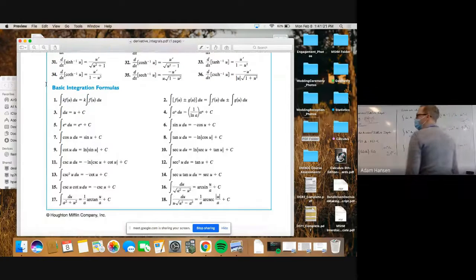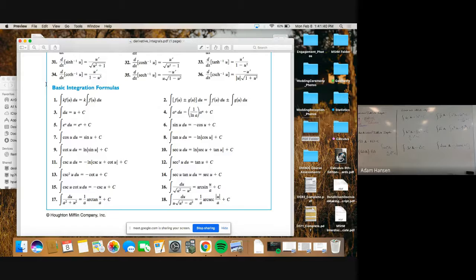Some to keep in mind as we start working our way through. A couple of different properties to keep in mind on some antiderivative formulas on the bottom half. I've got the constant multiple rule for number 1 and the sum and difference rule for line number 2.